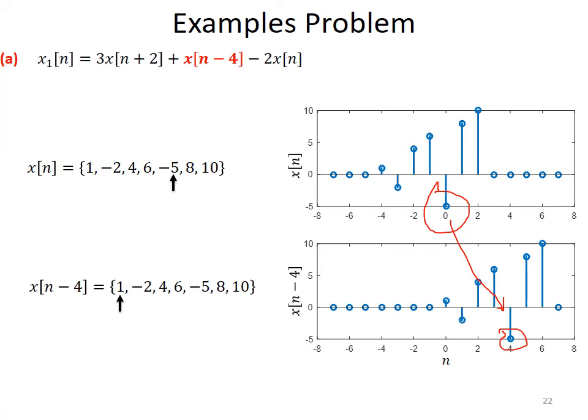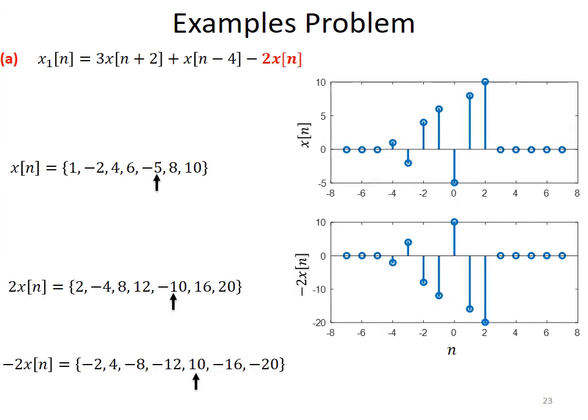Similarly, all the samples are shifted 4 units towards the right. So now we have sample 1 at n equal to 0, and x of n minus 4 is equal to 1, minus 2, 4, 6, minus 5, 8, and 10.